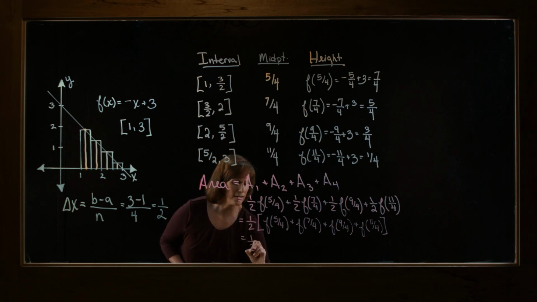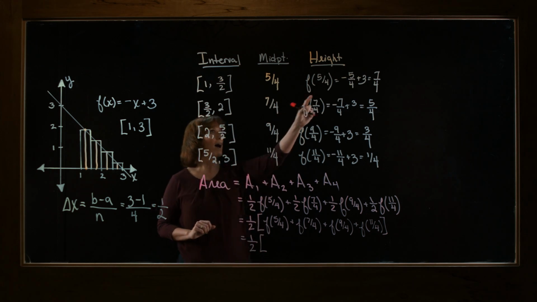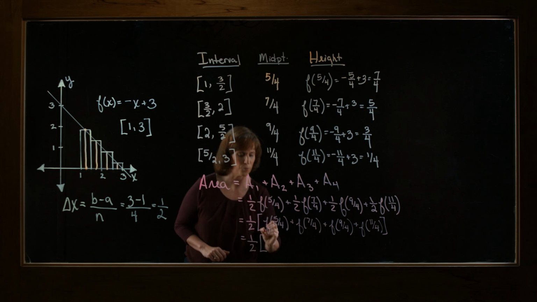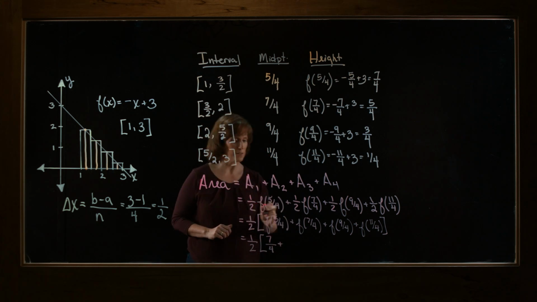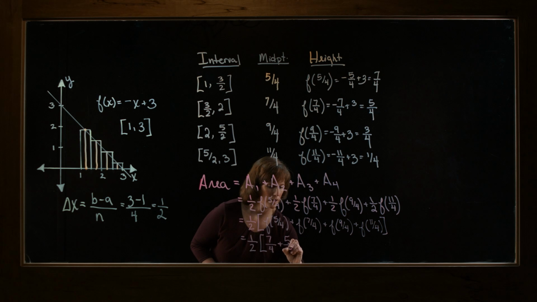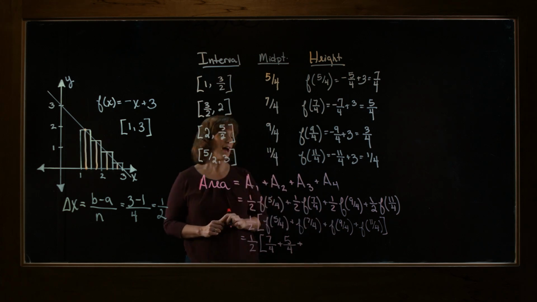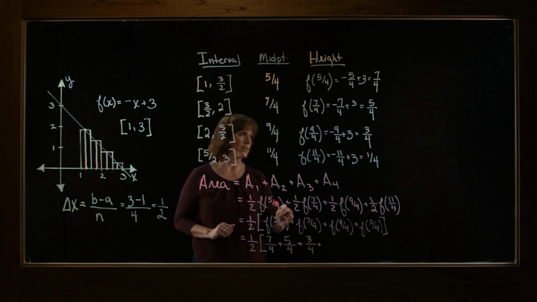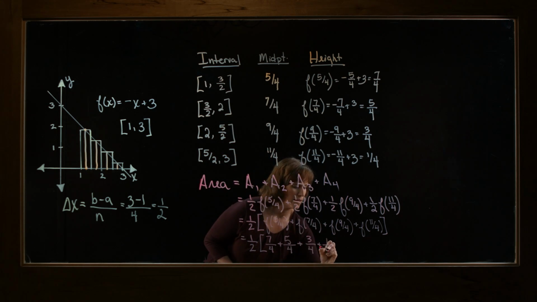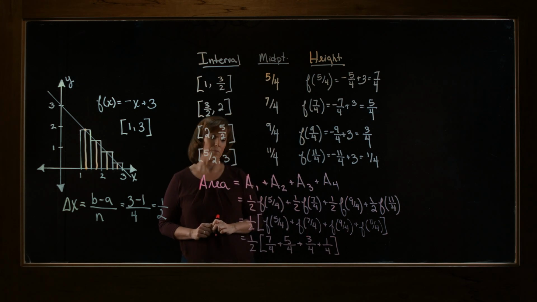And I've done a lot of that calculation already. I know that f of 5/4 is 7/4. f of 7/4 is 5/4. f of 9/4 is 3/4. And f of 11/4 is 1/4.